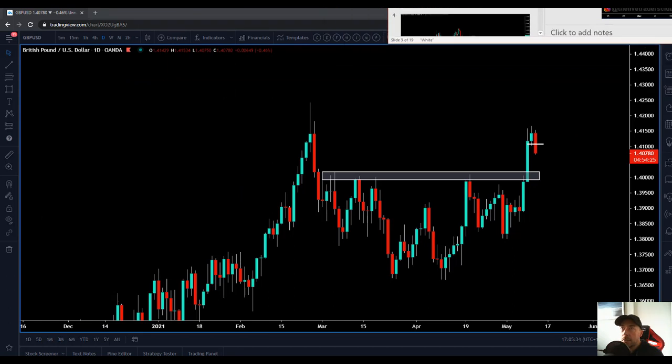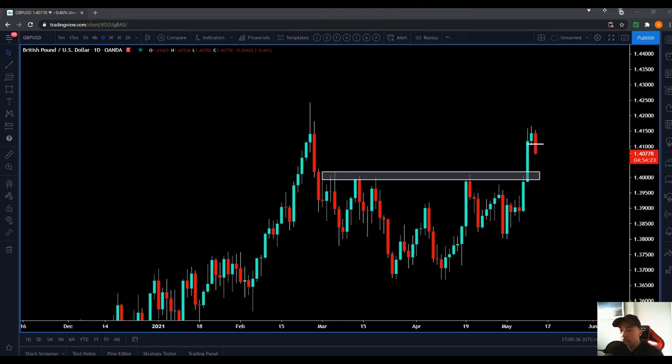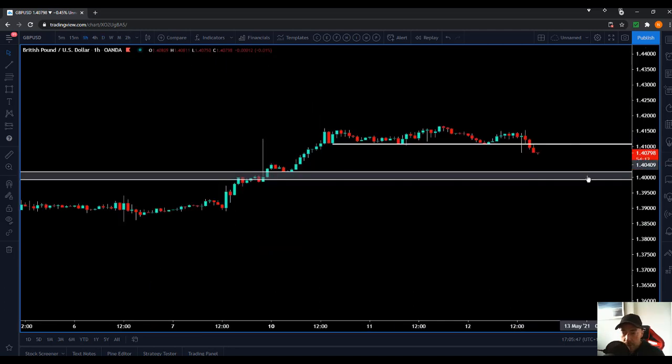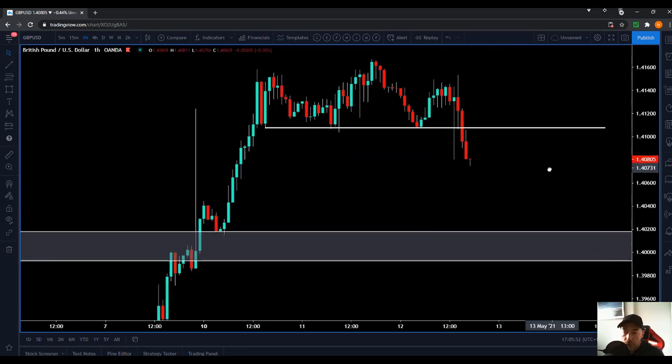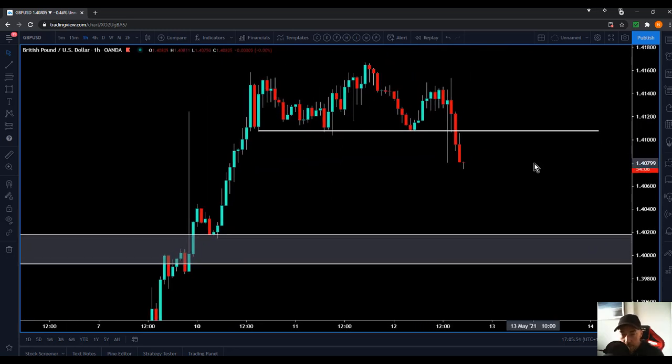We've actually got a definite change. If we close like that, then that's looking good for that retest of 1.4. As you can see, we are now closing below that level which I'd shown you on the watch list chart.